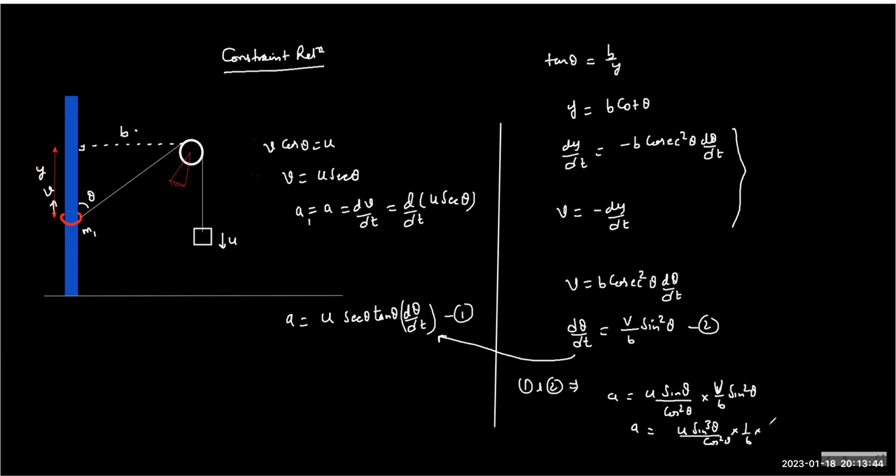And v we can write as u by cos theta. So it becomes really nice: u square by b tan cube theta. Do you realize this answer? Yes. So this will be the toughest question from the constraint world.